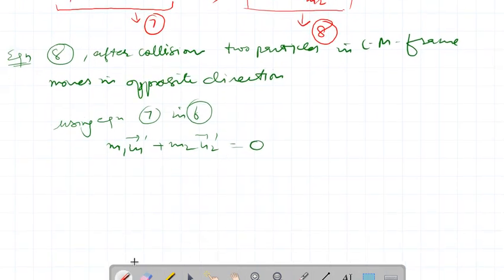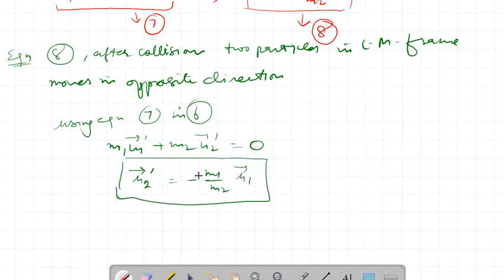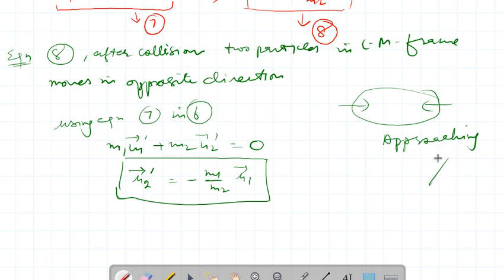This implies that u2' is equal to minus m1 over m2 u1'. So that means if u1 is moving along one direction, then u2 is moving along the opposite. This means they are approaching each other. But after collision, they are moving far away from each other, because here is v1', then it is minus v2'. v2' is along this direction.